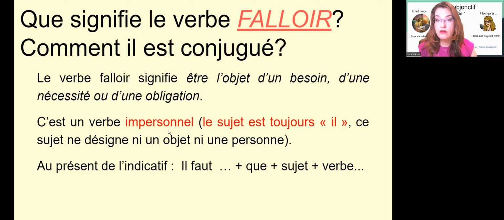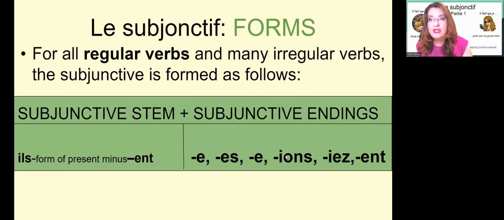It's an impersonal verb, which means what? Le sujet est toujours, always, il. Ce sujet ne désigne ni un objet, ni une personne. This subject does not replace or indicate a specific object or person. Au présent de l'indicatif, in the present of the indicative, we say il faut plus que plus subject plus verb. Okay?